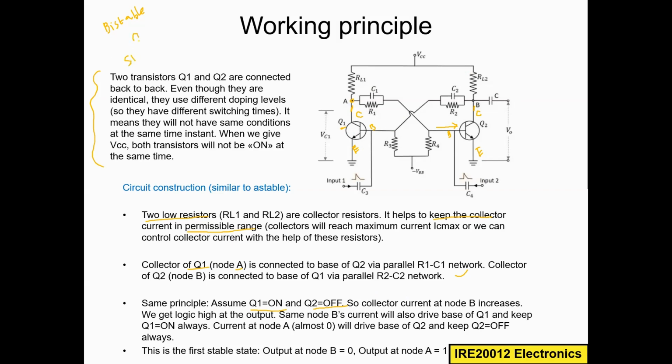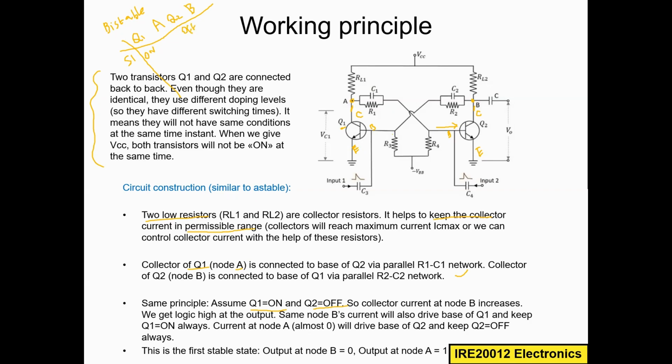We have Q1, whose output is node A, the collector, and then transistor Q2, whose output is node B, the collector of Q2. It's connected like this. This is step 1, and we will see what is happening in step 1. Here we are assuming Q1 is on and Q2 is off.